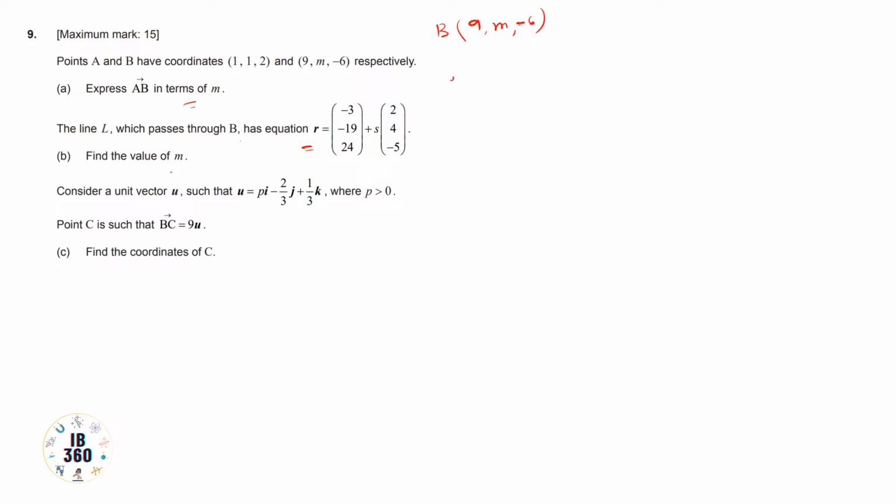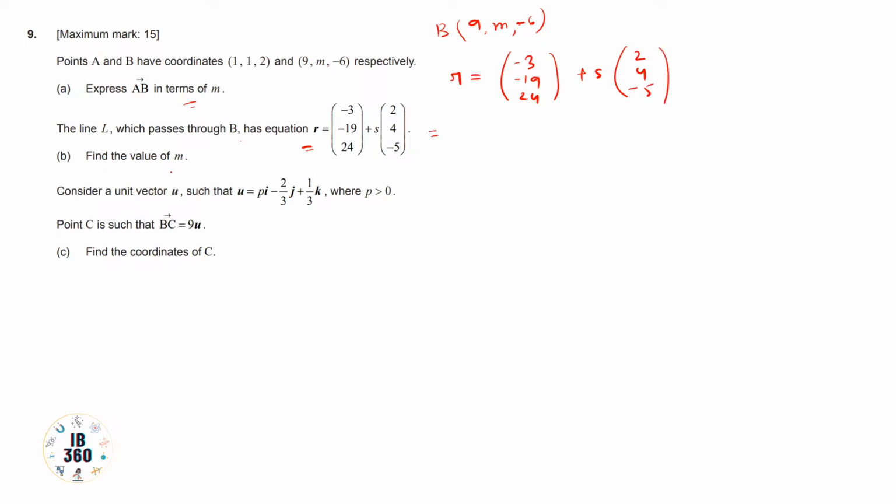Now r is given. r is a line, the equation of line L. It is given as -3, -19, 24 plus s times 2, 4, -5.